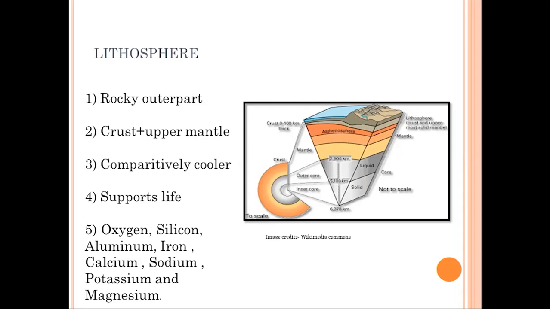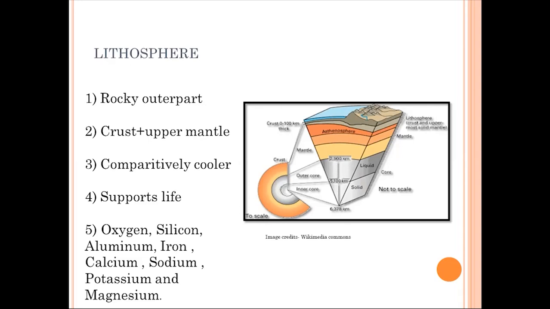So the rocky outer part is the crust. Then comes the mantle, and then comes the core. Now, the outer core is in liquid form and the inner core is in solid form. So, the form of the three layers is also different.